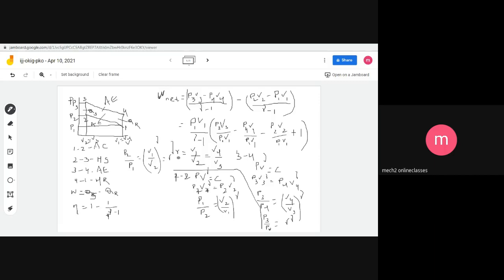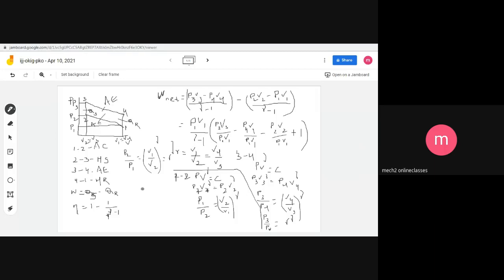I could not write gamma and R correctly, so don't get confused. This is R and this is gamma. So P2 by P1 is equal to R to the power gamma.